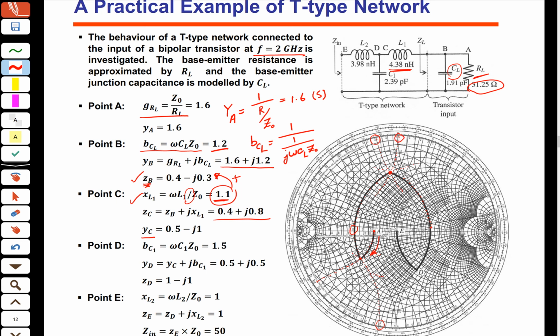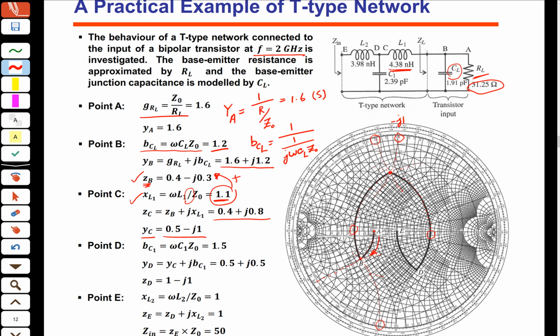Can you repeat point C again? For C, you understand that we have to go to this point. Just look at the location for this 0.4 plus J0.8 on the admittance.